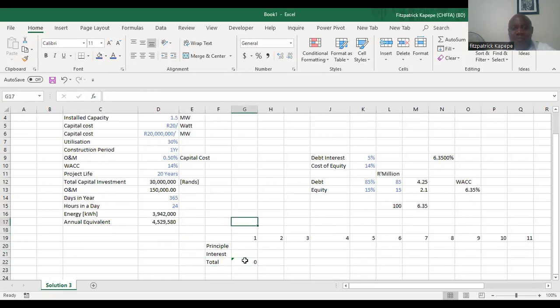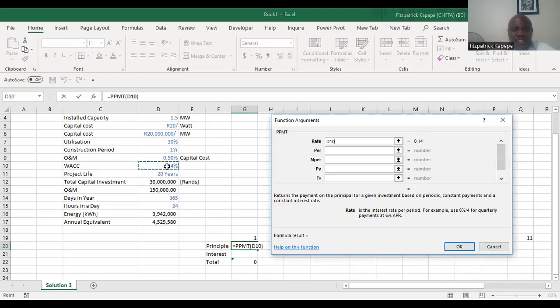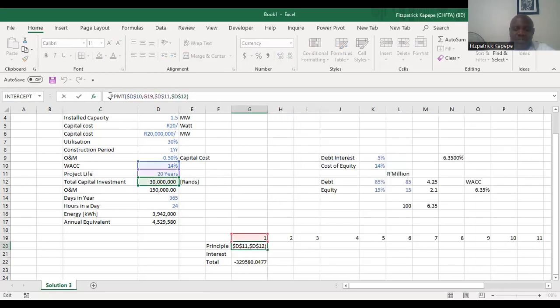Okay. So on the principal, it's PPMT, which is the rate, which is the 14%. The period number is that one, the number of periods is 20. Then the present value is this. So let me do this, just watch.